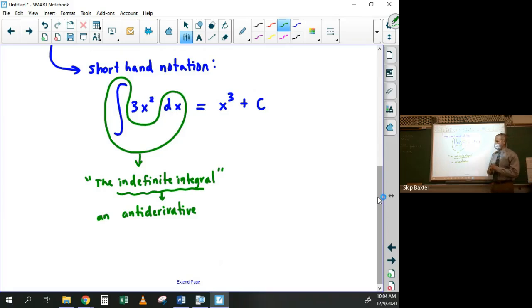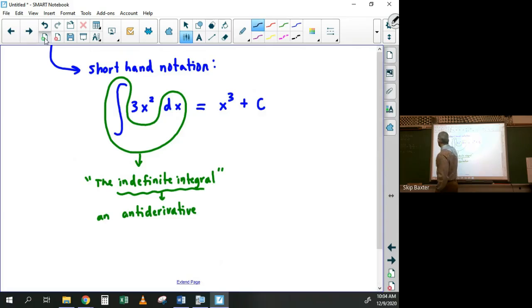But if this process of integration is just finding an antiderivative, then doesn't it make sense that if we have all these rules for finding derivatives, we could just reverse them to find rules for finding integrals? Well, it's exactly like that.